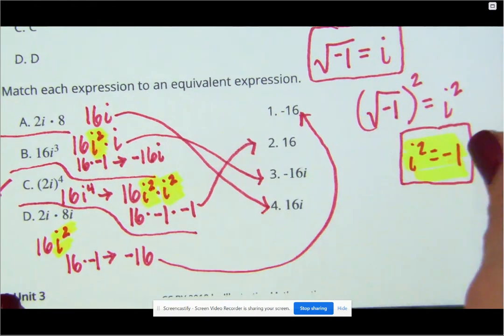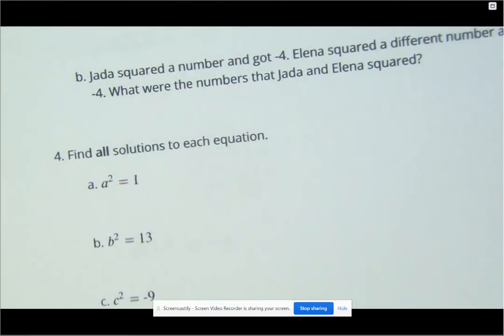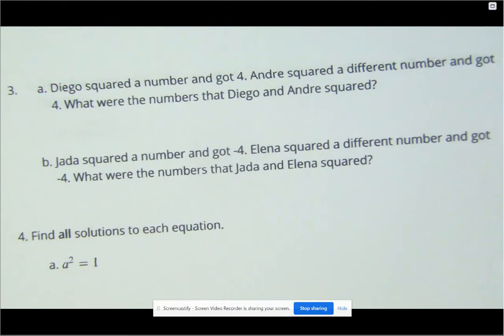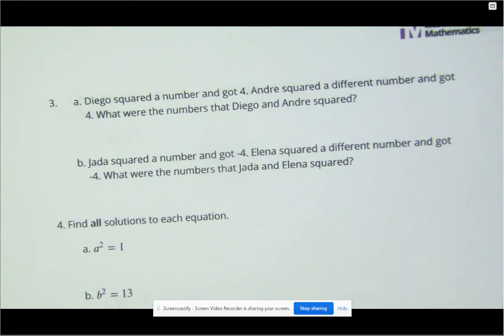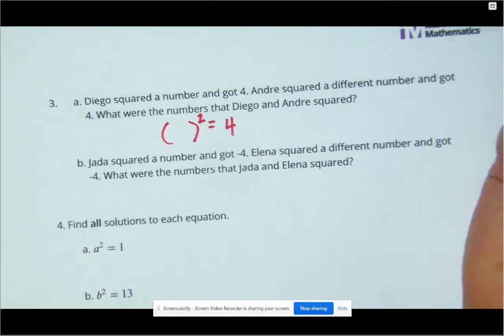All right, number 3. Diego squared a number and got 4. Andre squared a different number and got 4. What were the numbers that Diego and Andre squared? If you need to think about it visually, what number squared can give me 4?